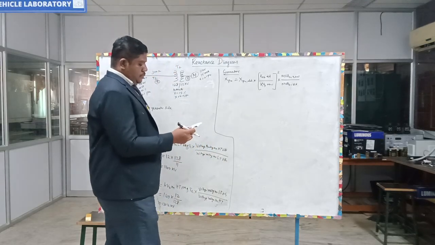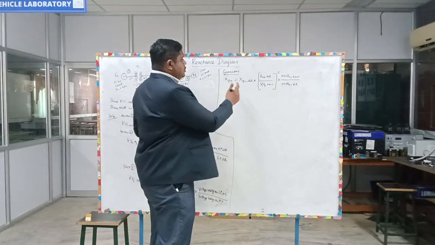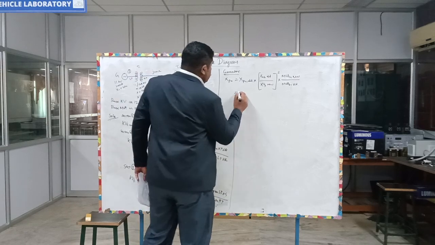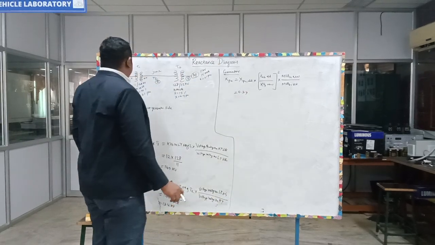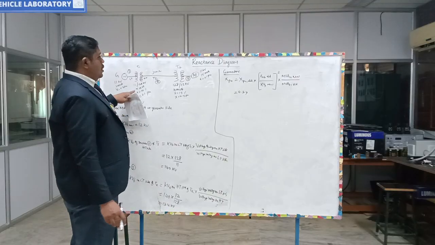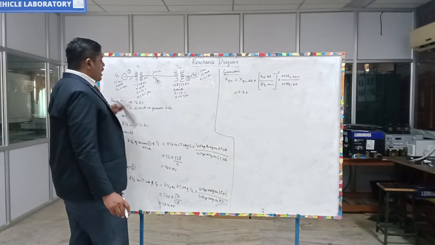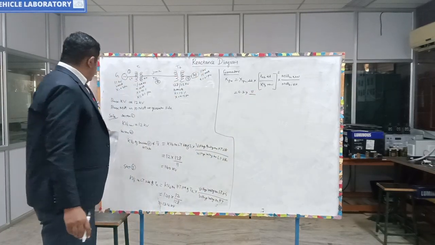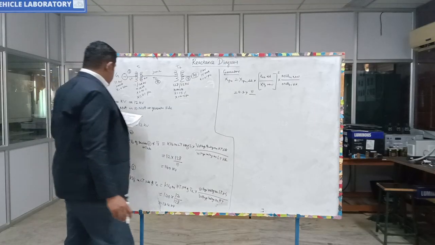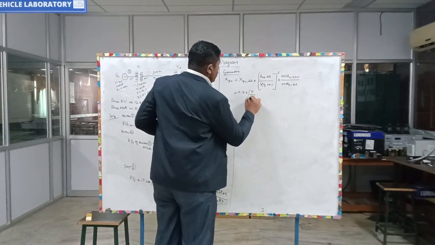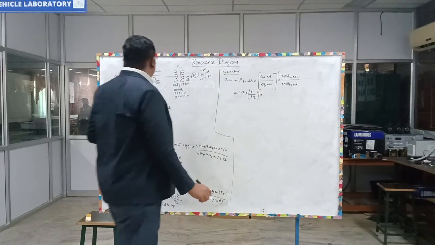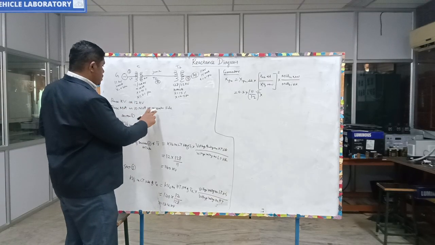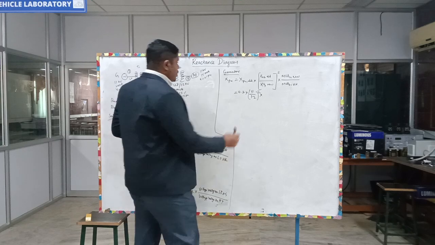So you have to substitute here. What is your X per unit old for the generator? It's given in the problem as 0.2, into the kV base old, which is the given value, 11, divided by the kV base new, which is 12, squared, into MVA base new, which is 10 MVA, divided by 3.